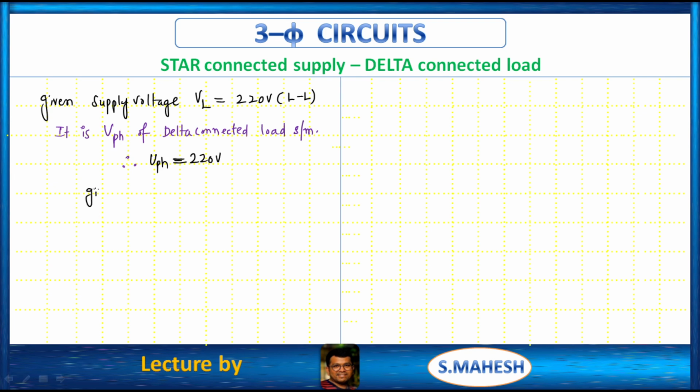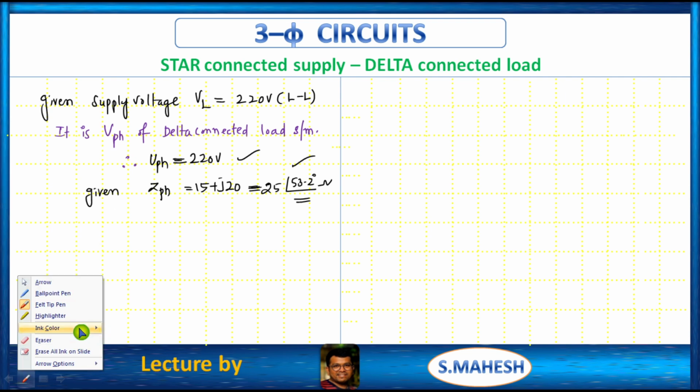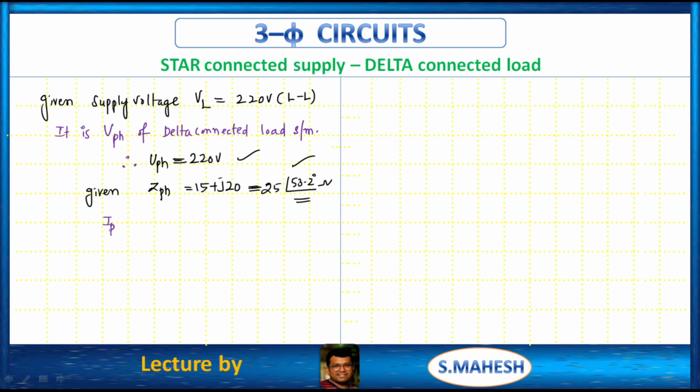Given impedance per phase, which is 15 plus j20, which is equal to 25 at an angle 53.2 ohms. That's it. So we have phase voltage and phase impedance. Obviously we have to get the phase current, that is phase voltage by phase impedance, right?